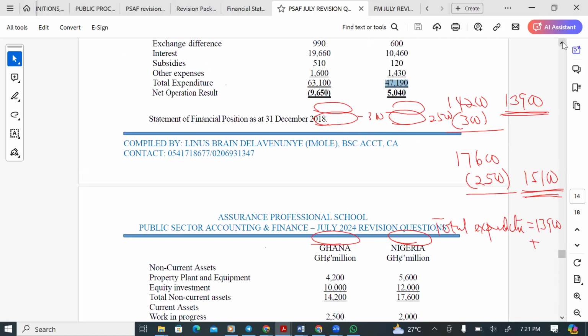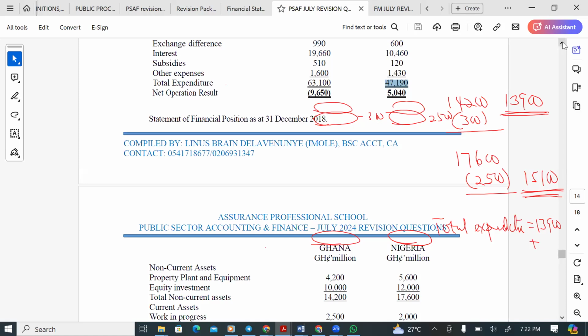You can't use the total expenditure as the base, because the revenue expenditure is not captured in the total expenditure. So what is the total expenditure including the revenue expenditure? That's how you are going to be calculating the total expenditure.